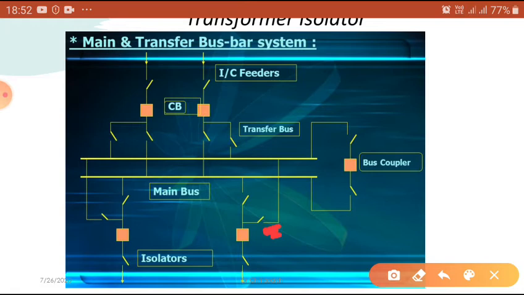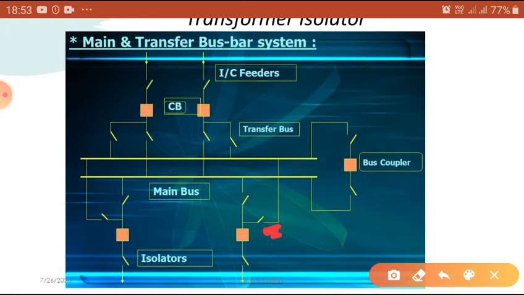I use this isolator in the transfer bus, so it is called the transfer bus isolator. This is for emergency purposes, load shedding from one bus bar to the other bus bar. In addition to the bus coupler, I also use the isolators. So those are known as the isolators.